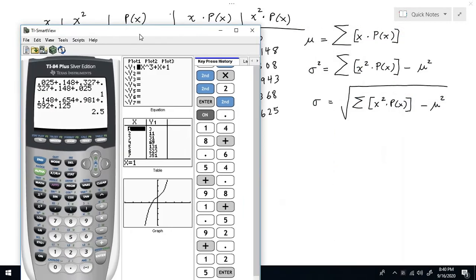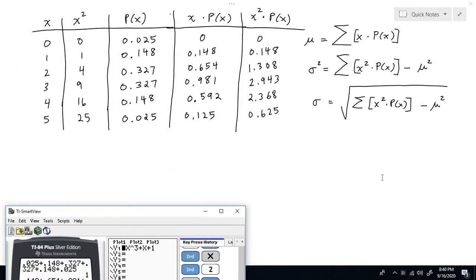Okay, the next thing we're going to find is the standard deviation for the probability distribution. So the standard deviation is the square root of the sum of x squared times p minus mu squared.